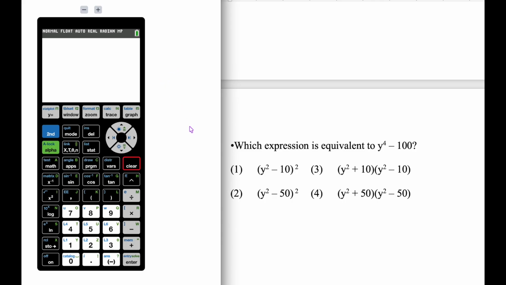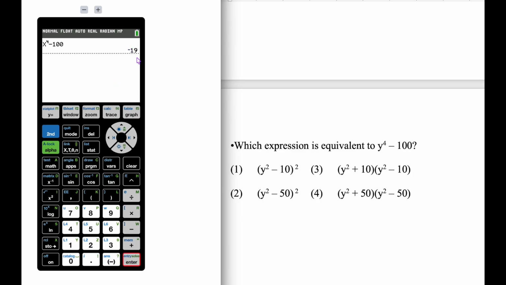So we start again with our target number by putting in our original expression, x to the 4th minus 100 in this case. So x, and again, to the power of, right here, 4. And then we want to hit right arrow to come out of that exponent. Otherwise, it's going to be minus 100 up in the exponent. We don't want that. So we come down, and now we go minus 100 and enter.